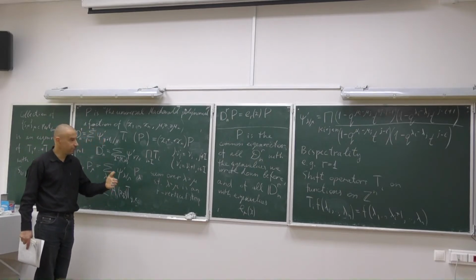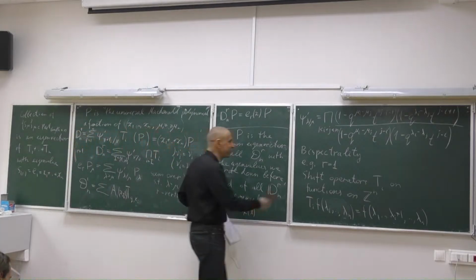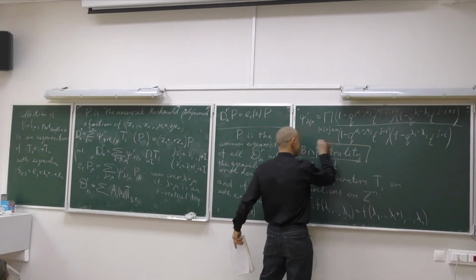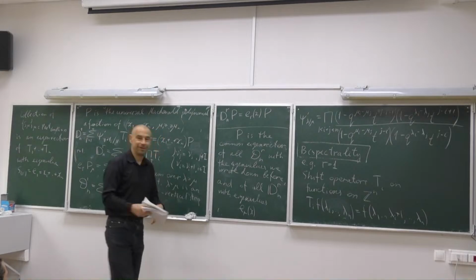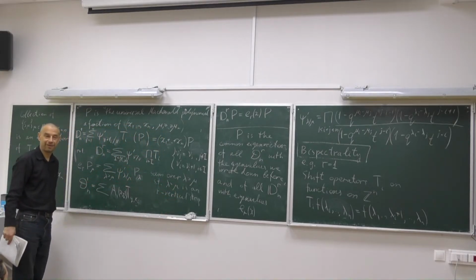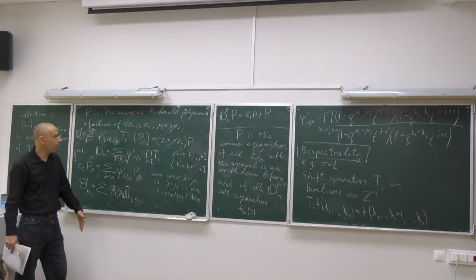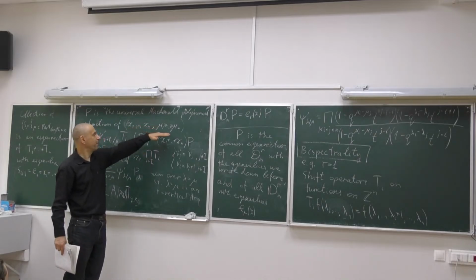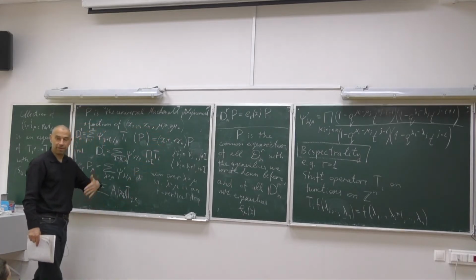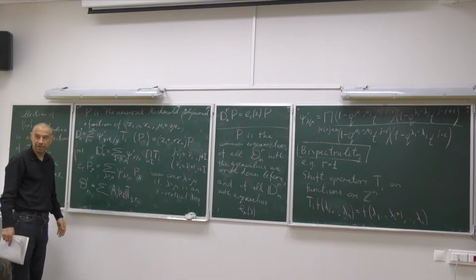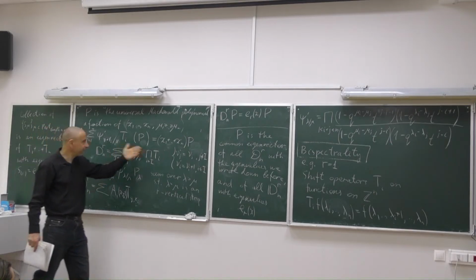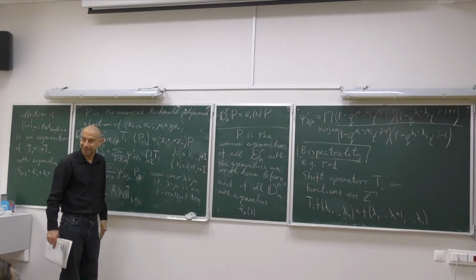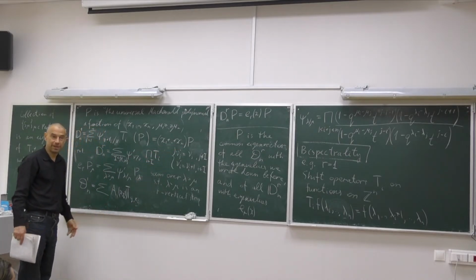And that's what is called bispectrality. So I have two different integrable systems, one in those variables, one in those variables, but they share the common eigenfunctions. Well, in fact, there's one eigenfunction in two variables.